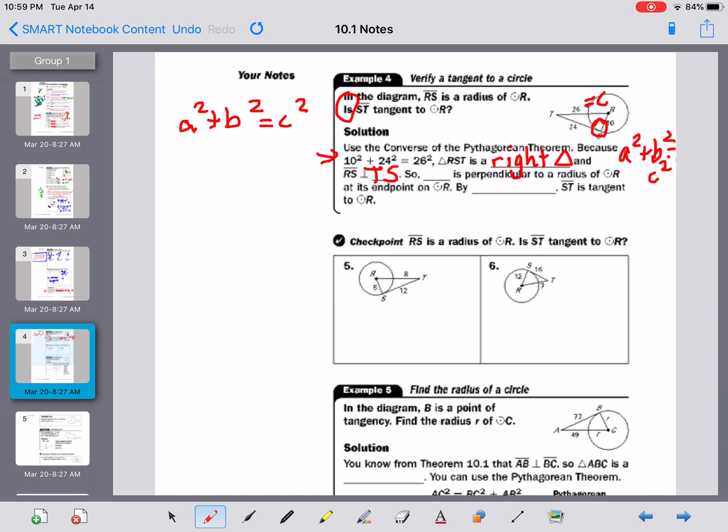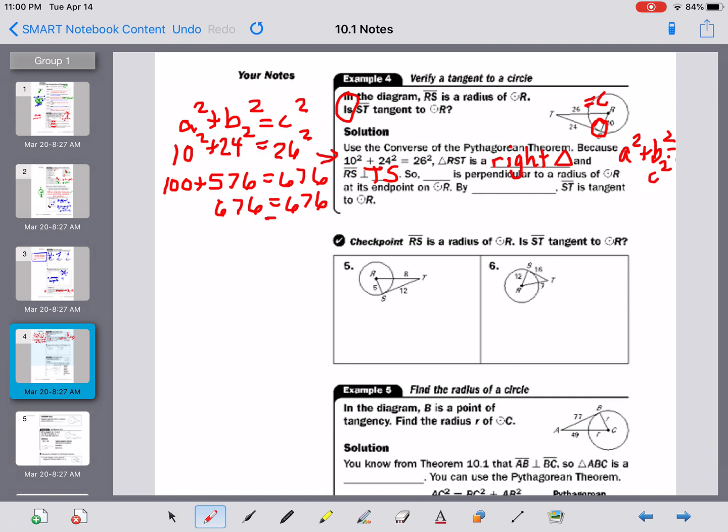So let's put 26 in our c, and then our 10 and our 24 can go in the other two positions. 10 squared is 100. 24 squared is 576. And 26 squared is 676. When I add these two together, I get 676 equals 676.